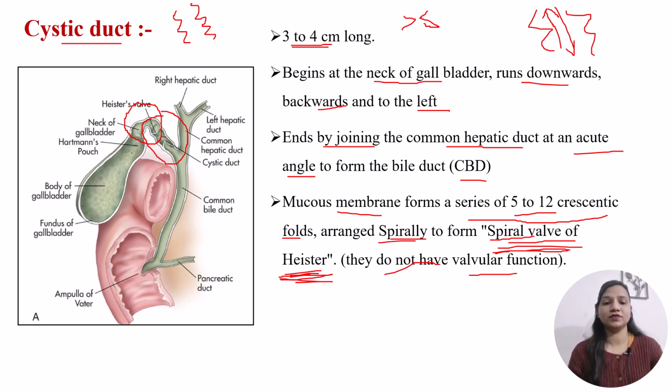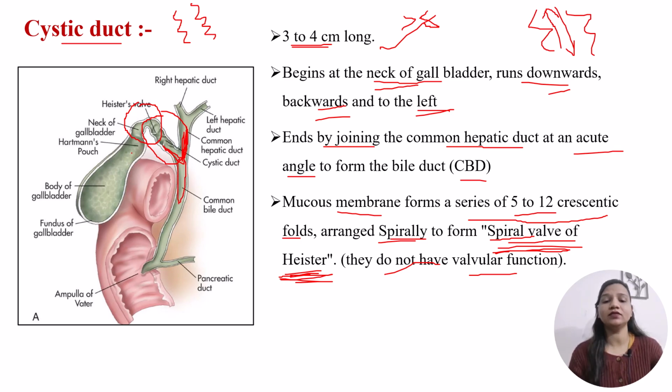So the cystic duct is 3 to 4 centimeter long. It begins at the neck of the gallbladder, runs downward, backward and to the left, and it ends by joining the common hepatic duct, and they both fuse together to form the common bile duct.